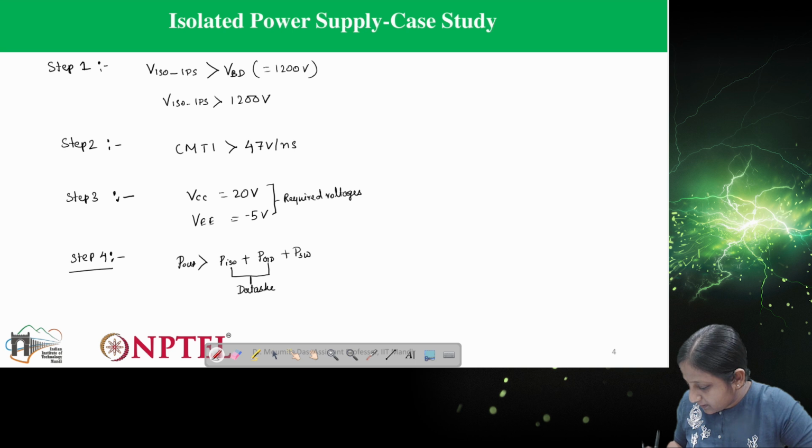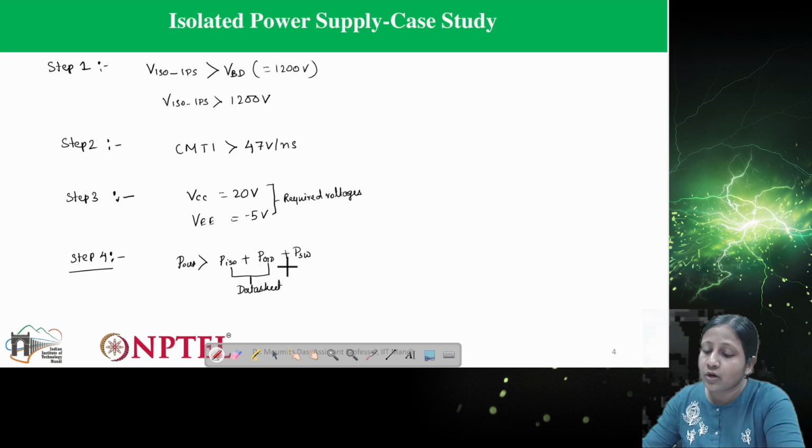The power loss in the signal isolator and the gate drive will come from the data sheet. Once we select these components, you can see in the data sheet what power losses are given for each component. In the previous slide we already selected the signal isolator, so its data sheet will give the power loss. You have to select that and put it here. Now the switch power loss is something we need to calculate, and you already know how.